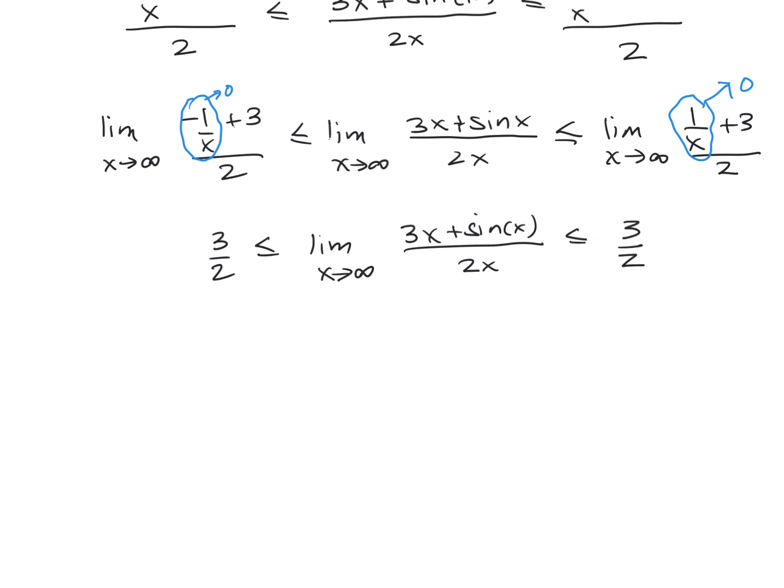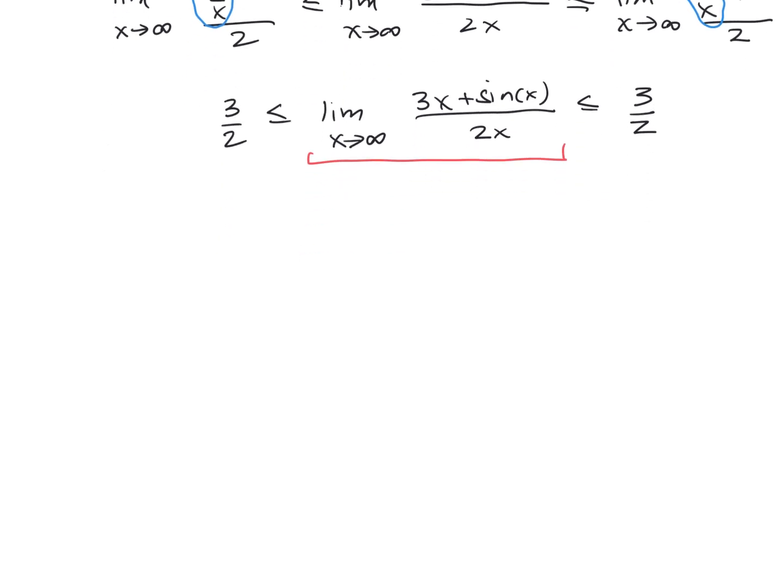That forces, by the squeeze theorem, the limit in question to be equal to 3 halves as well. So the limit as x goes to infinity of 3x plus the sine of x divided by 2x is equal to 3 halves.